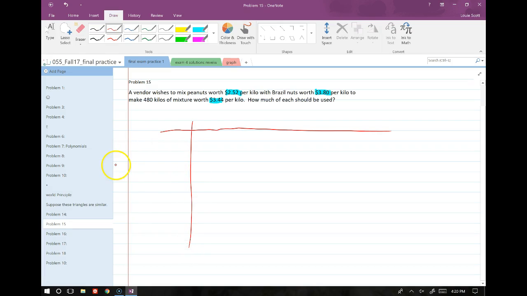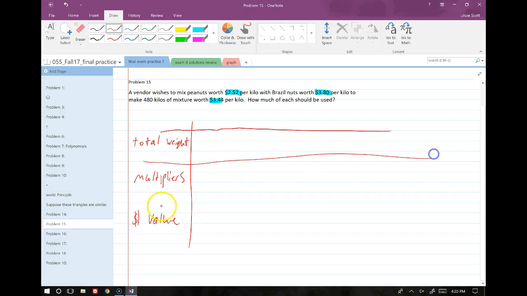Down the sides, we're talking about peanuts here, so we say peanuts and Brazil nuts. Total weight, multipliers, and then dollar value or total cost. Across the top I just do my 3 things that I'm mixing together.